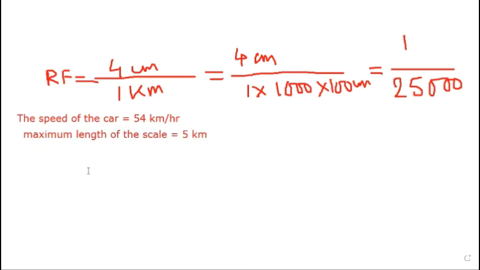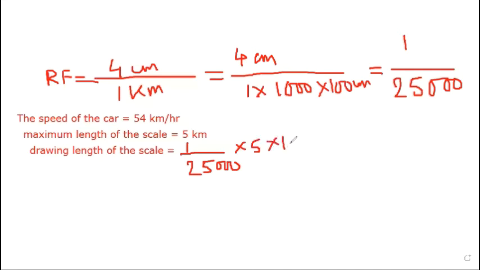So the drawing length of the scale is equal to 1 by 25,000 into 5 kilometer into 1000 to convert to meter, into 1000 again to convert to millimeter.